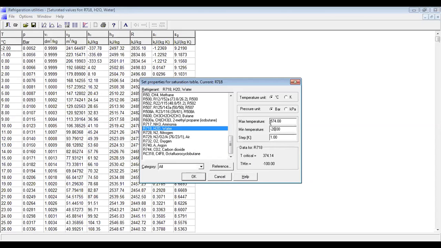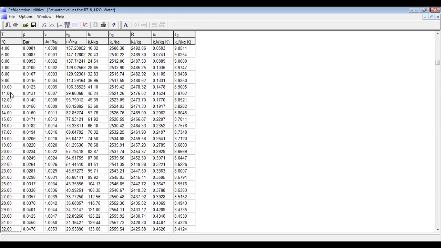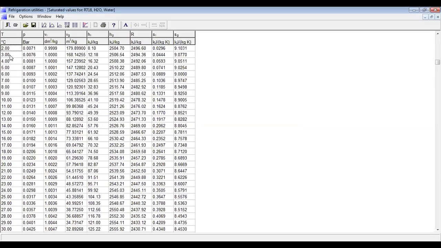Maximum temperature is 374. If you need only 200, you can change the settings, and then you get from -20 to 200, with a step of 1 degree Celsius. This is bar. This is what we define. Very interesting.